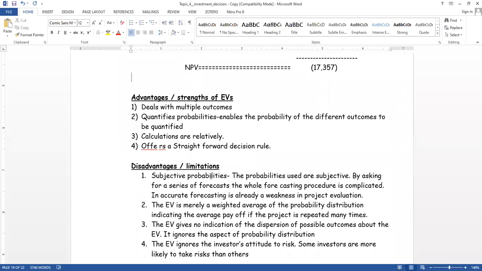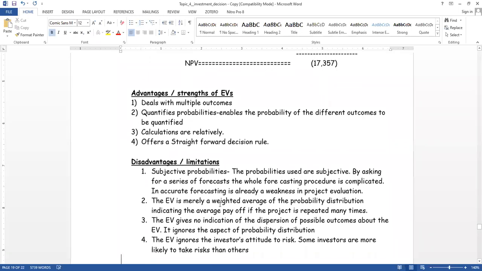It can easily quantify the probabilities, and of course that enables the different outcomes to be quantified. Very simple to calculate, and also offers a straightforward decision.